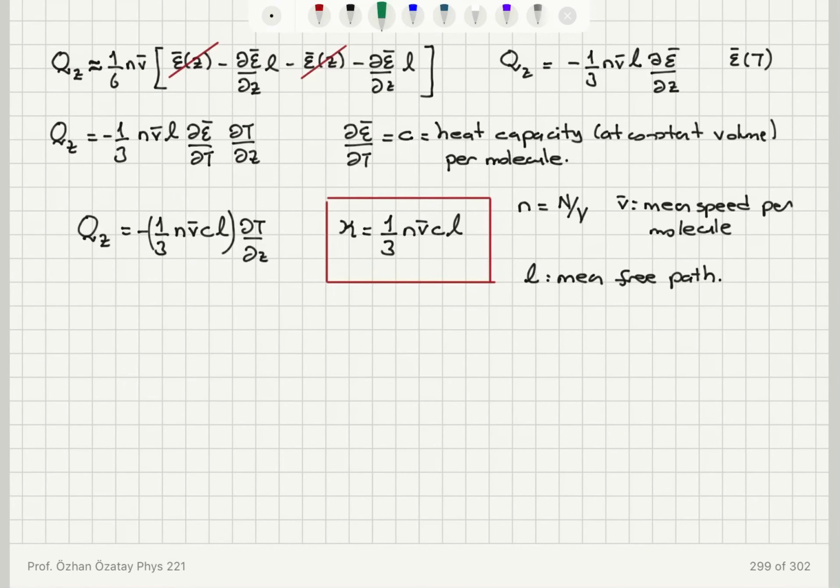So we can find that the heat flux is minus 1/3 n v bar L del epsilon bar del z, but epsilon bar is a function of temperature, so basically by recognizing that del epsilon bar del z is del epsilon bar del T del T del z, and del epsilon bar del T is the heat capacity per molecule at constant volume, we have for the thermal conductivity 1/3 n v bar C L. It's a positive quantity, and the heat flux is, as a result of having del T del z positive, a positive temperature gradient, going to be negative as expected.